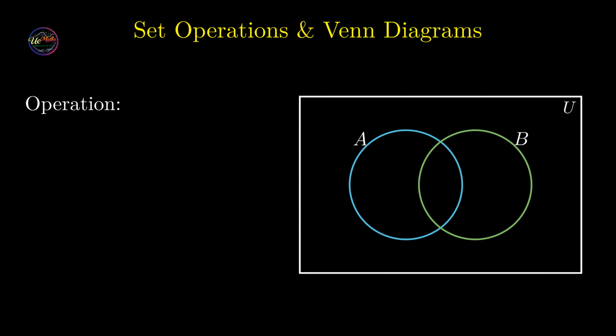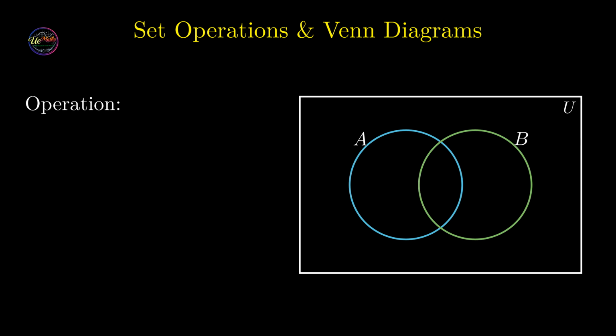Set operations allow us to combine or modify sets using geometric frames called Venn diagrams. Let us construct a universal set containing two overlapping sets, A and B, to visualize how operations behave. Each circle represents a set, and the region where they overlap represents elements shared by both.